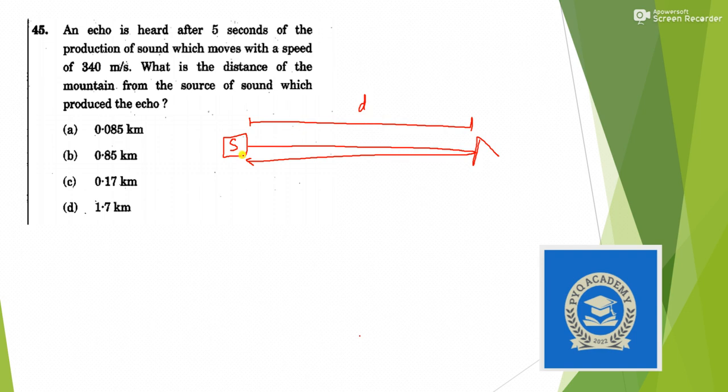So let's take this distance as d. In the question it is given that the speed of sound is 340 meter per second, and the time taken is 5 seconds. We know the formula, speed equals distance by time. Here we need to find the distance, so distance equals speed into time.